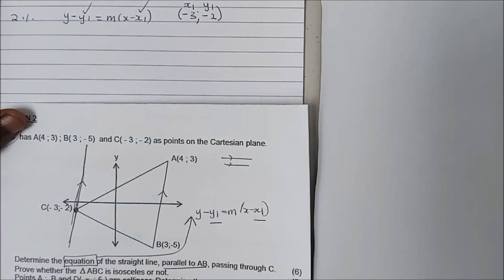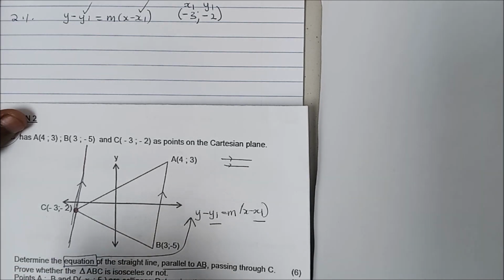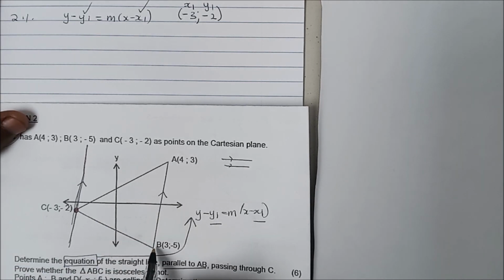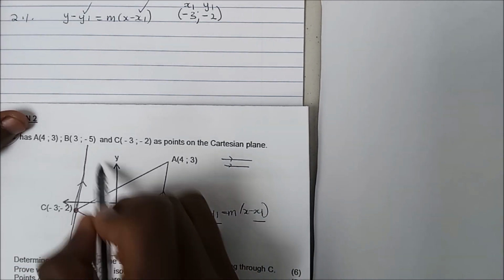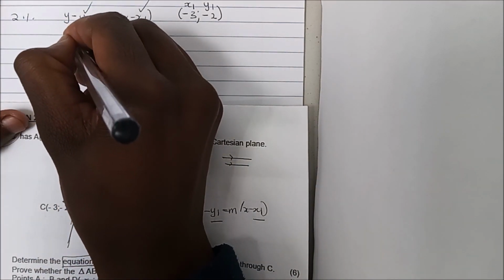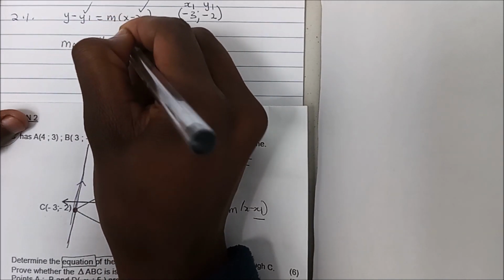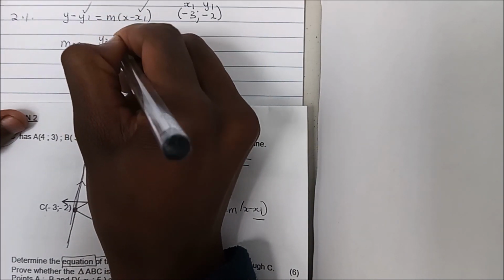How will you find the gradient of that line? Since we know that line is parallel to AB, and parallel lines have the same gradient, we can find the gradient of AB, and that will be the same gradient for that line. So let's find the gradient for AB. The formula is y2 minus y1 over x2 minus x1.